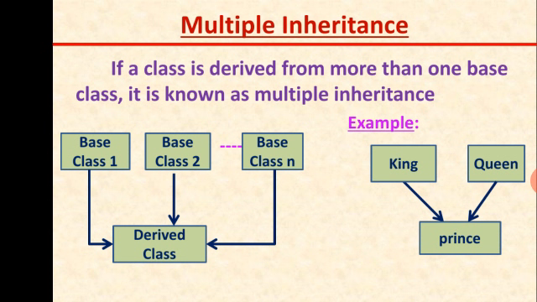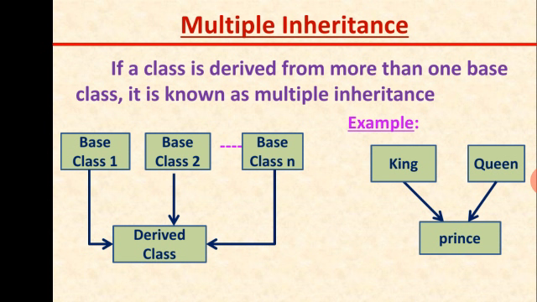Students, till now I was talking about only a single base class. But now I am saying a new class is created from more than one base class, then it is called multiple inheritance.